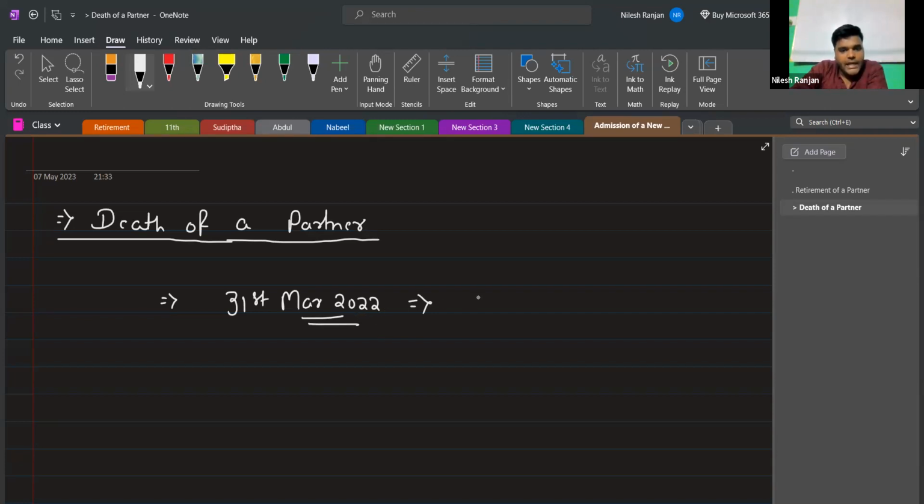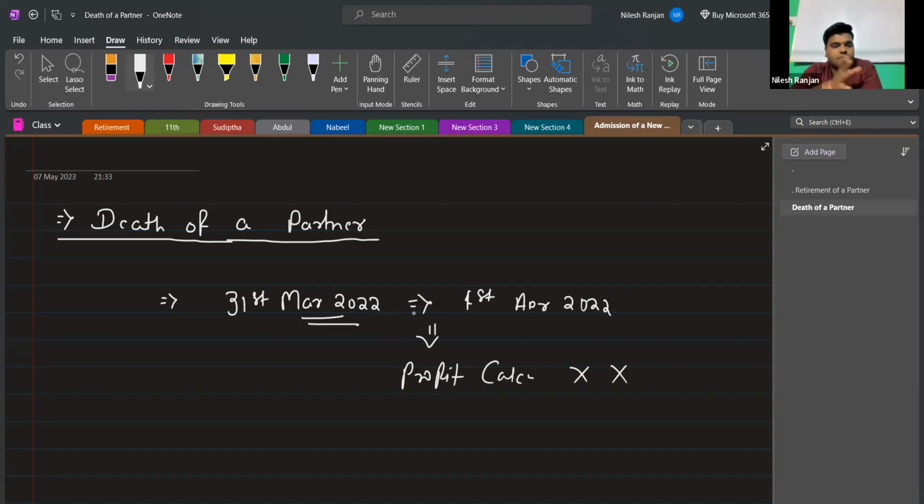And in current year, let's say you retire on 1st April 2022. You don't have to calculate profit. Profit calculation is not required because there is no time gap between these two dates.